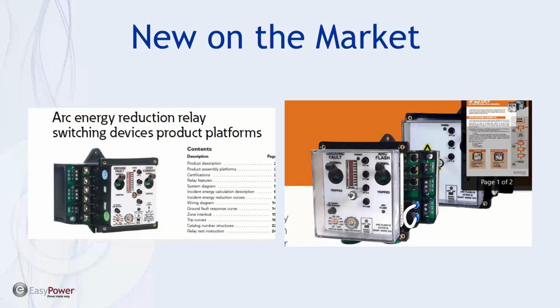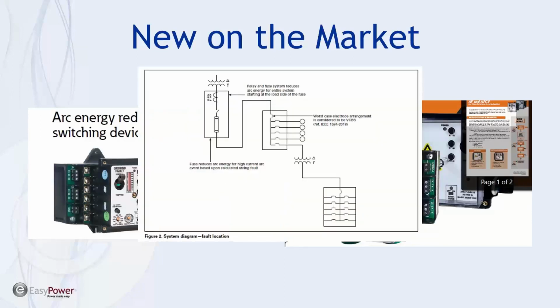So now new on the market are energy reducing relays switching devices in multiple combinations of these alternatives. And what it comes down to is a switching device that has the ability to open up that switch in line with the fuse and or put a fuse with lower trip time temporarily in the circuit.